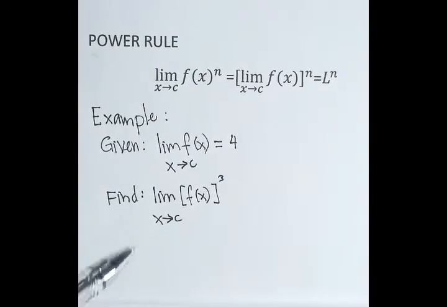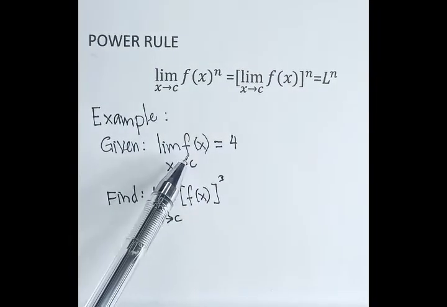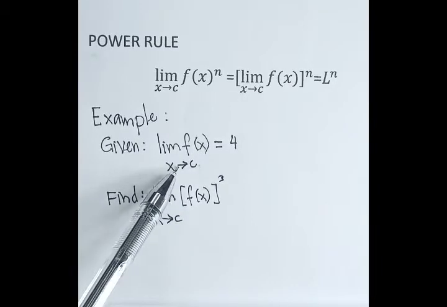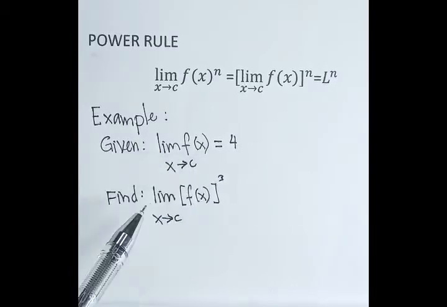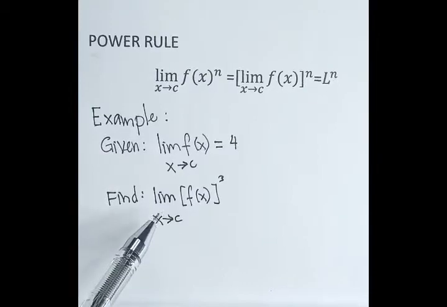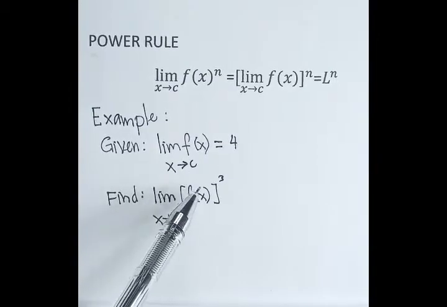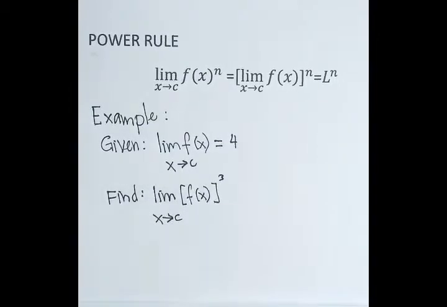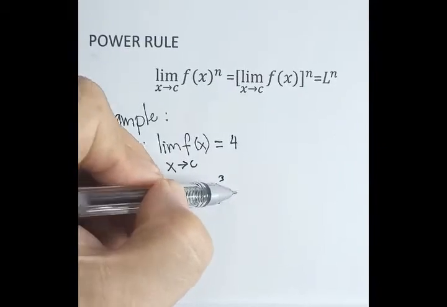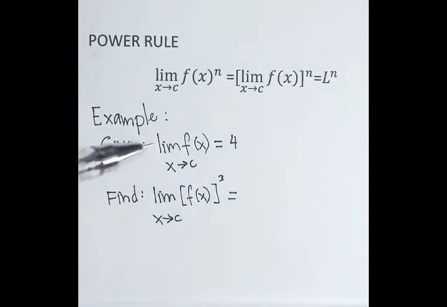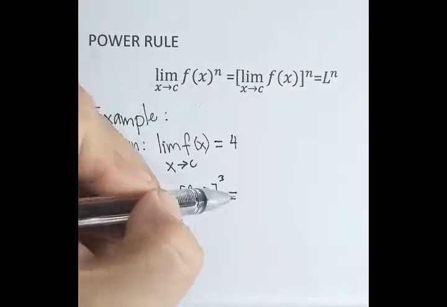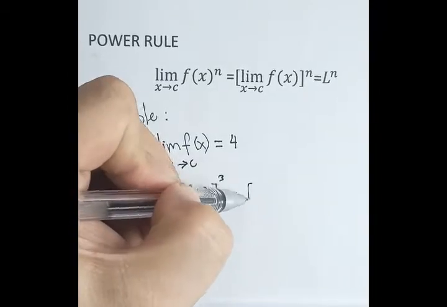Say for example, we are given the limit of the function of x as x approaches c is equal to 4. If we're going to find the limit of this function raised to the power cube, following this rule, we rewrite it.